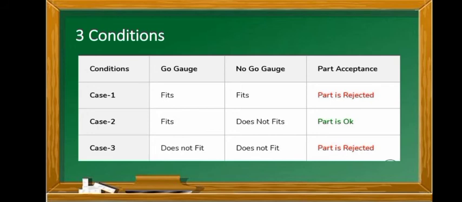In case 2, if the go gauge fits in the inspected part and the no-go gauge does not fit, then the part is okay or accepted. And in the third case, if the go gauge does not fit in the inspected part, and neither does the no-go gauge, then the part is rejected. So those are the three conditions.